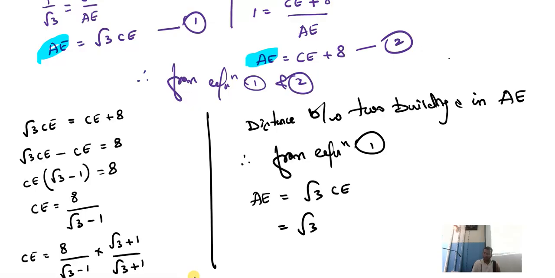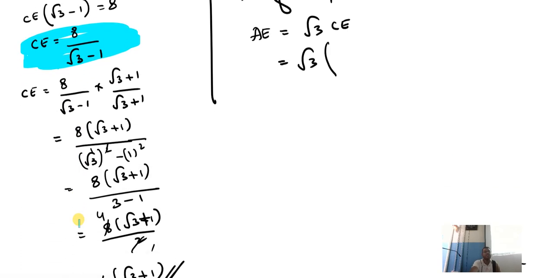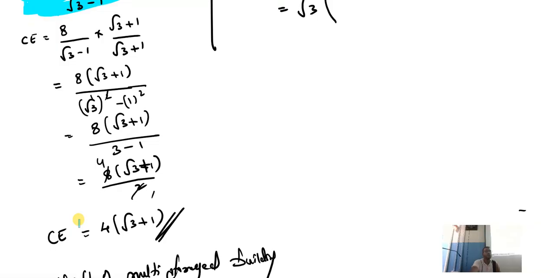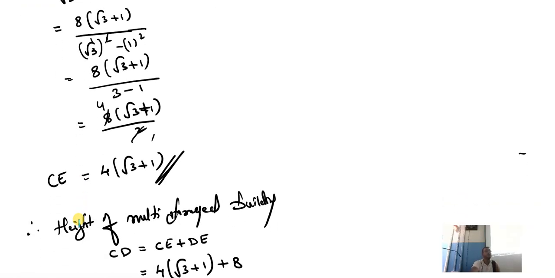Now, just now we got the value of CE. The exact value of CE we got after rationalization is 4 into root 3 plus 1.